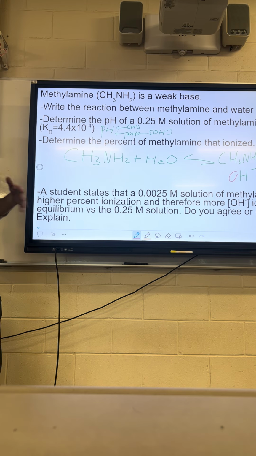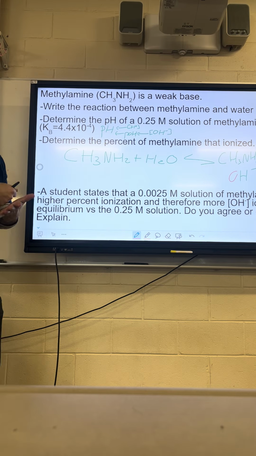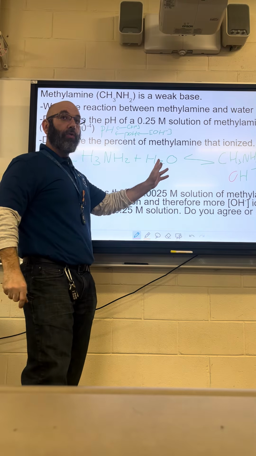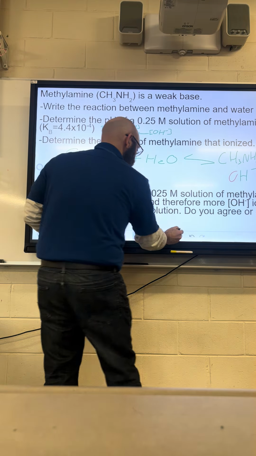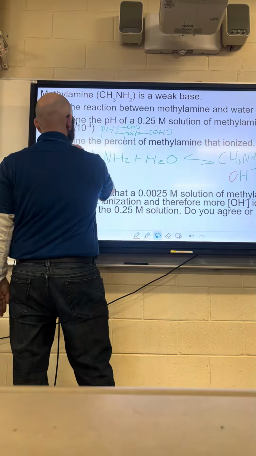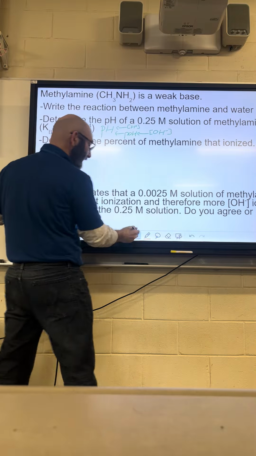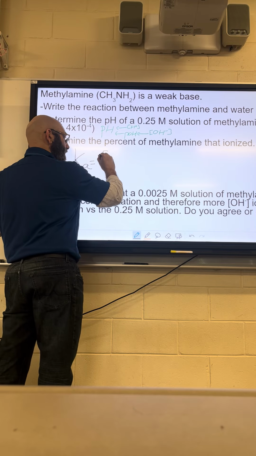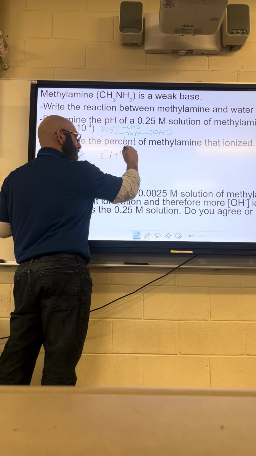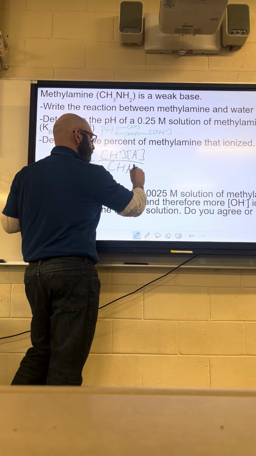Well, it's an equilibrium. So K is always products over reactants. And one of our reactants, H2O, is a liquid. Does it apply? No. Here's the other thing. This is on your equation sheet. The basic formula for an acid is Ka equals H plus times A minus over HA.